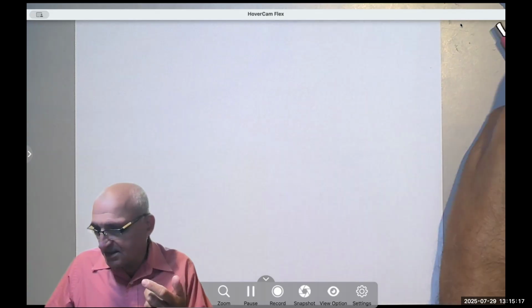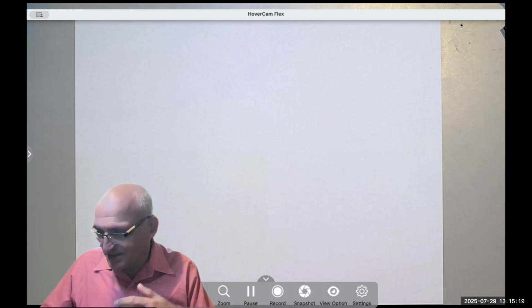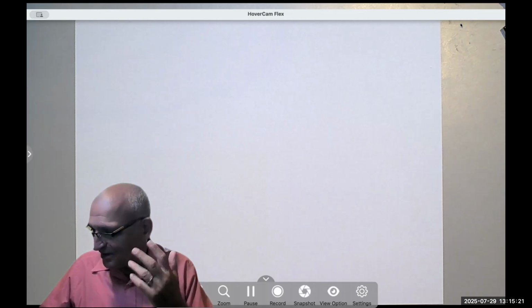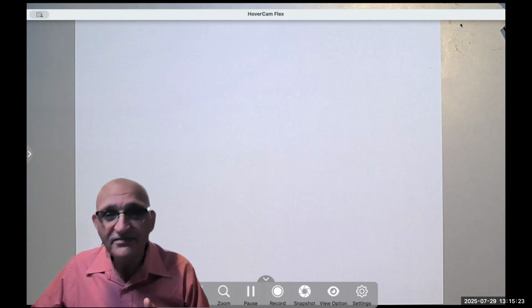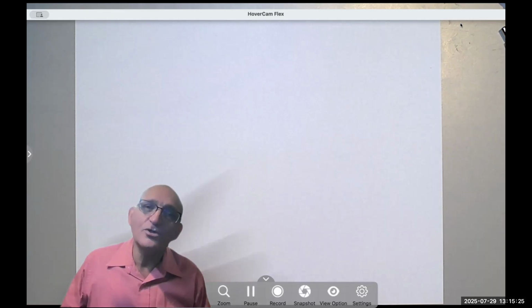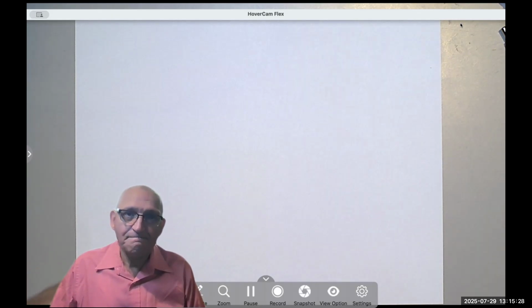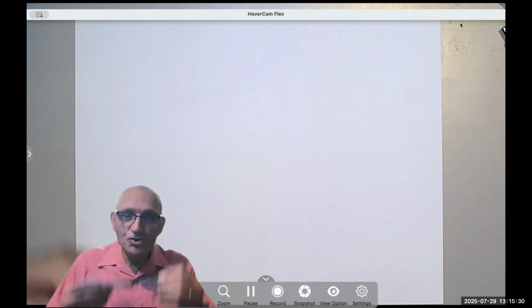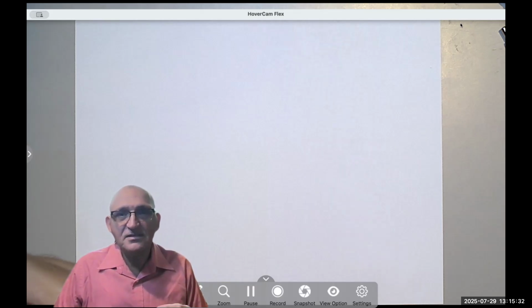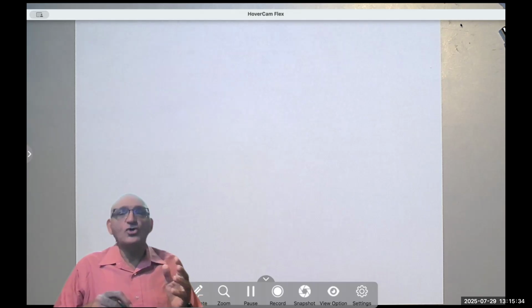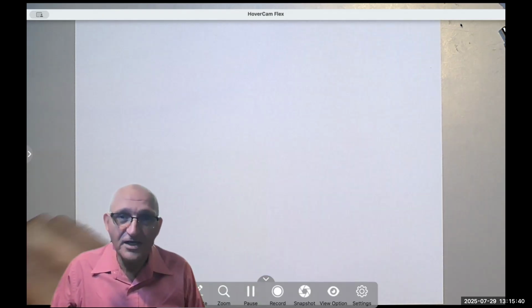Over the years I taught this course, I don't know how many times, I developed a strategy that I felt worked best for my students: to go over specific steps when you solve for a frame. Sometimes we ask you to analyze the frame and find all the forces inside the frame.